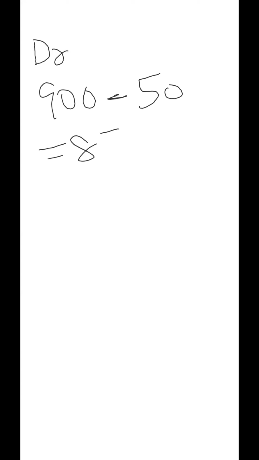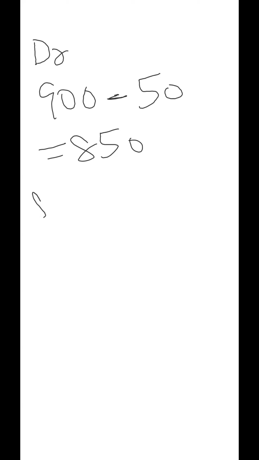Now you have to calculate the debtors. So how are you going to calculate the debtors? For debtors, how much total is given? 900. What do we have to deduct from it? What do we have to subtract from 900? Depreciation. Yes, that is 850.